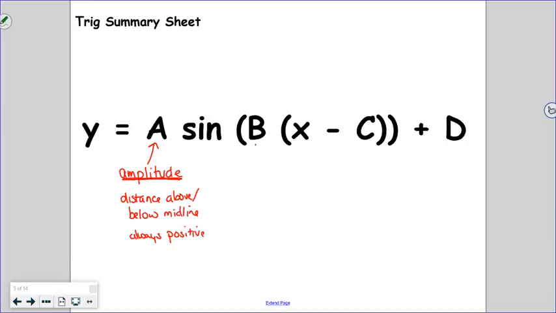Next one, B. We want to say period, but remember they are related, they're not equal. So I can't say B equals the period, but I can say that it helps me figure it out. It determines would be an efficient way of saying that. It determines the period.